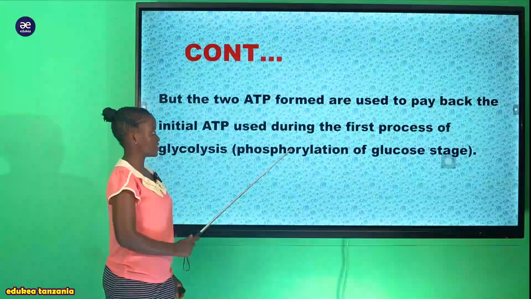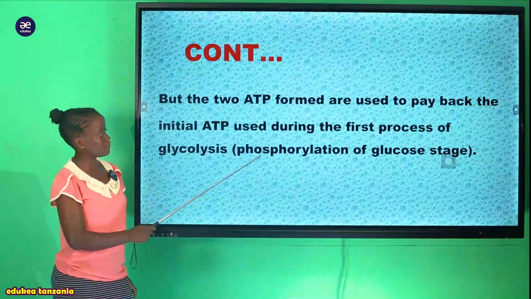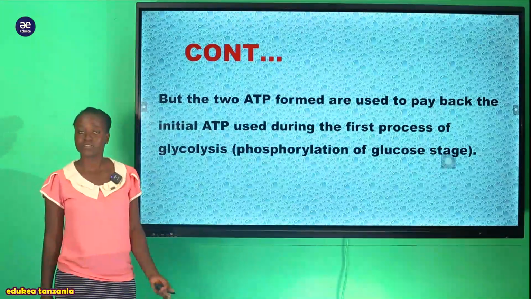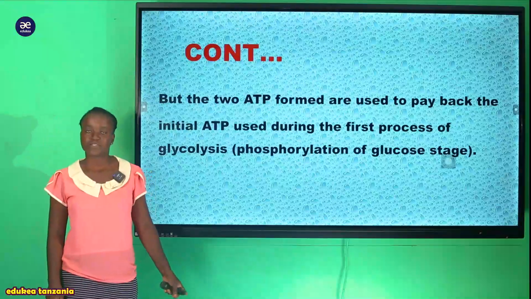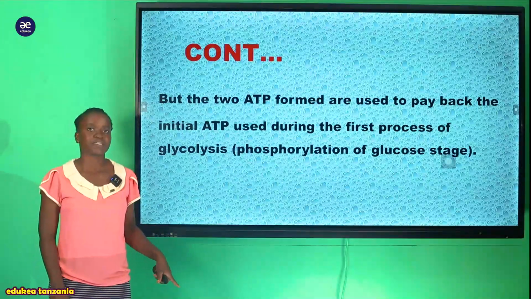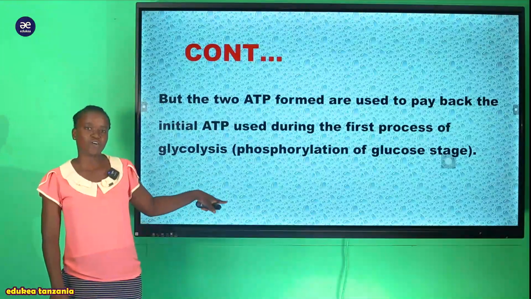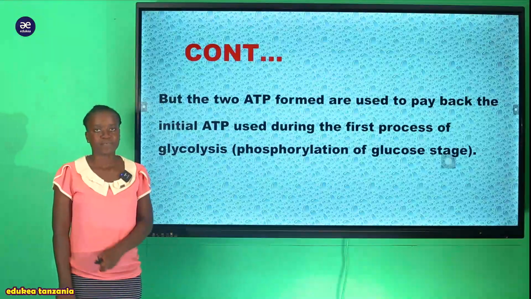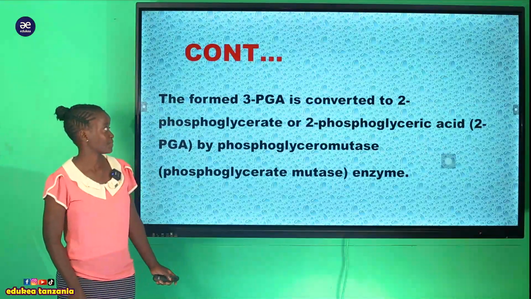Remember, in the first stage of glycolysis, called phosphorylation of a glucose stage, we use ATP. So where does that ATP come from? It comes from the formation of ATP in the process of glycolysis.